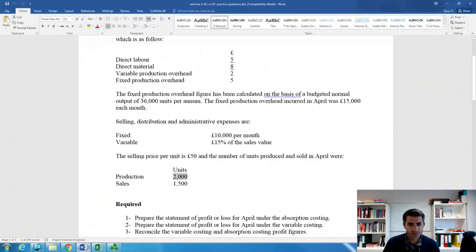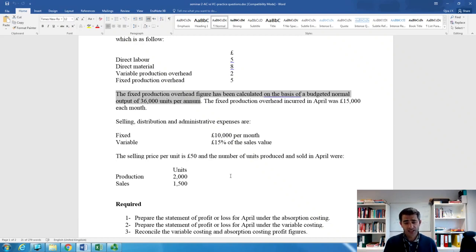Remember something here. The fixed production overhead figure has been calculated on the basis of a budgeted normal output of 36,000 units per annum. So what does that mean? This means the budgeted units. We calculated the fixed production overhead based on the 36,000 units a year.